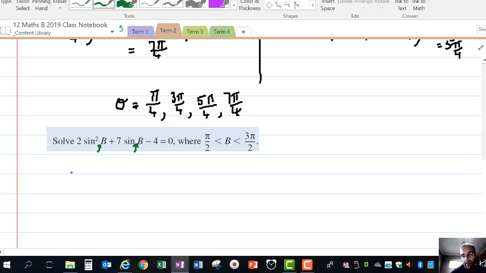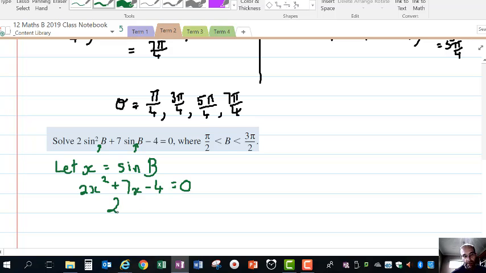It is instructive to actually make a substitution, for a different reason to what we've seen in the previous videos. So let x equal sine b, and so we've got a clearly solvable quadratic: 2x squared plus 7x minus 4 equals 0.